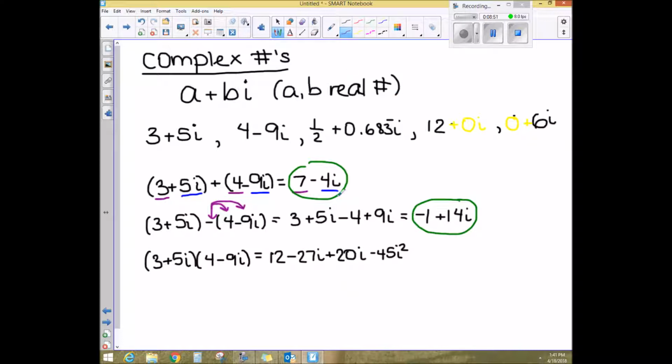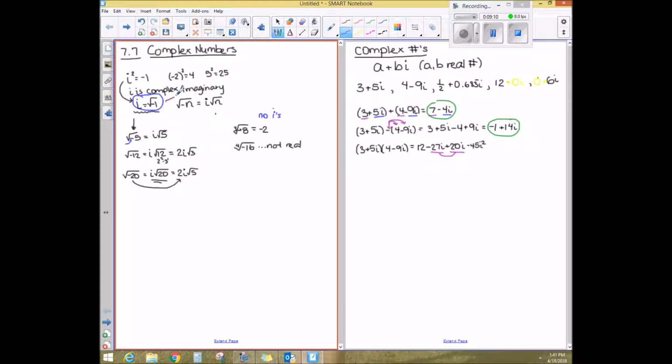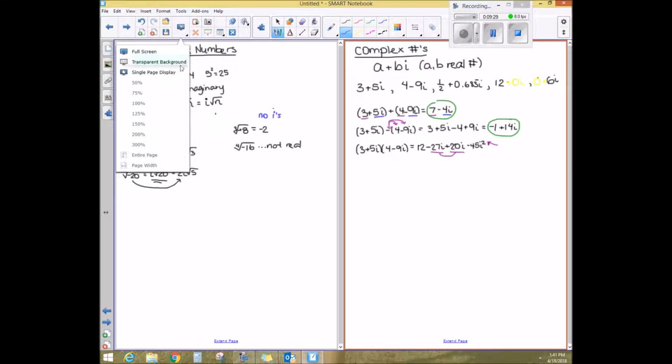Now, as usual, when we FOIL, our outer and inner terms are the same. They're like terms, and so I can combine them together and put them into a single term. But what happens with complex numbers as well is, remember when we started this definition at the beginning and said, let's let i squared be the number so that i squared is negative 1. That means when we come over right here and we have an i squared in the problem, I'm going to replace it with a negative 1.